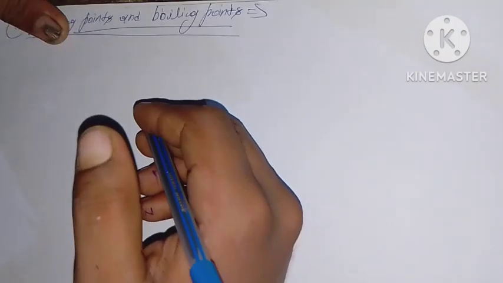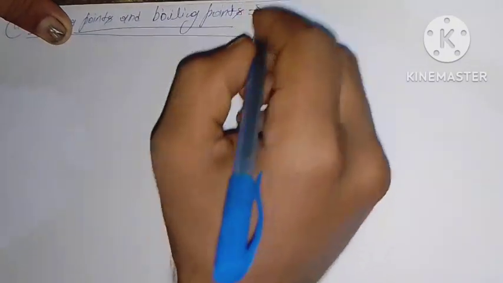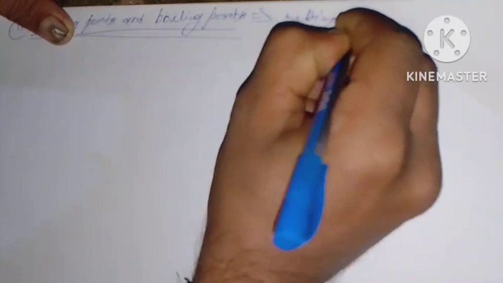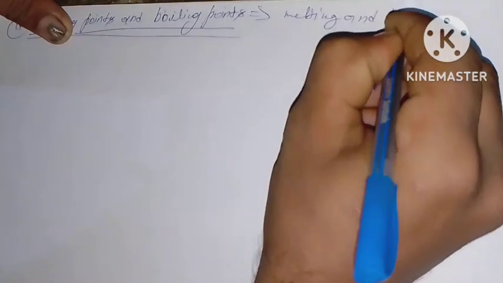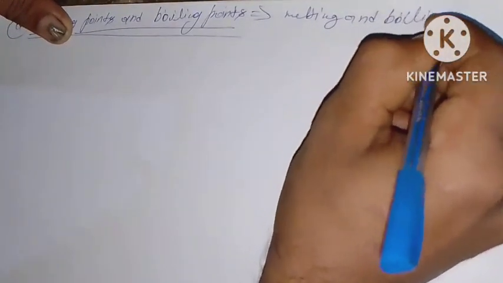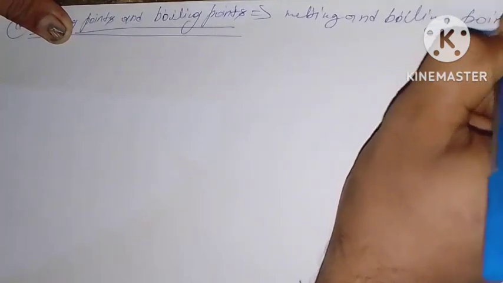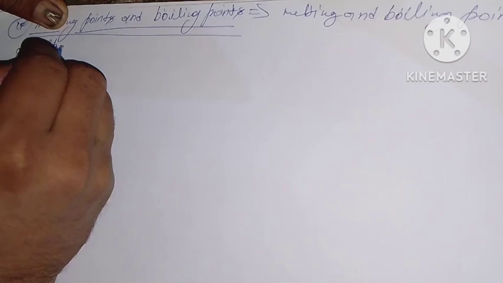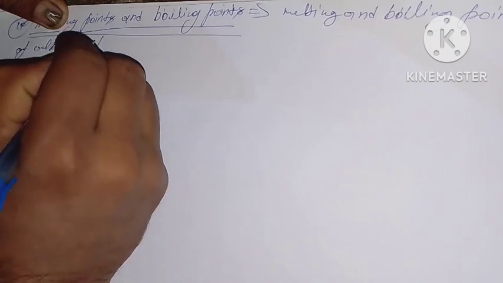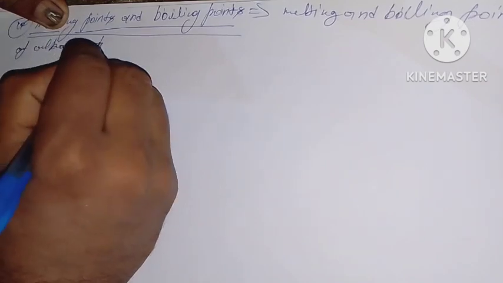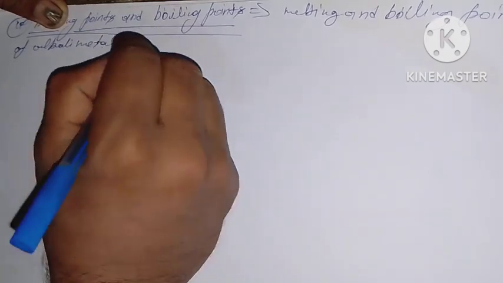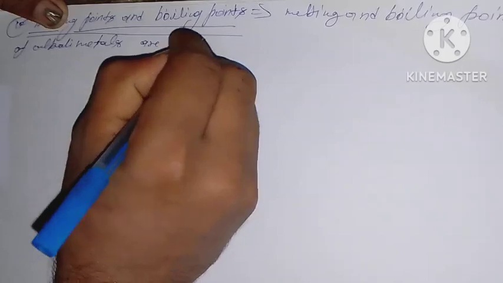Melting point and boiling point. The melting points and boiling points of alkali metals are low.